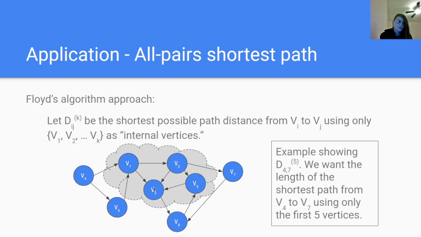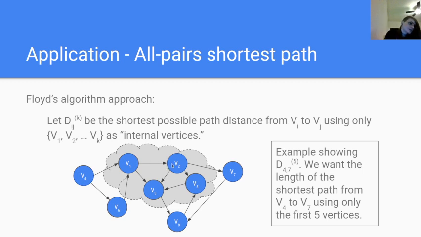So we have drawn the graph on a piece of paper here and put a cloud around the internal vertices that we're allowed to use, because it's D of 4, 7 of 5, k is 5, so we're allowed to use up to the first 5 vertices as internal vertices. These are auxiliary vertices that we're allowed to use to make a path complete. So we have completed a path from 4 to 7 using these as internal vertices.